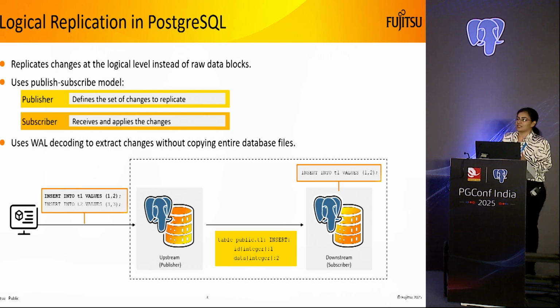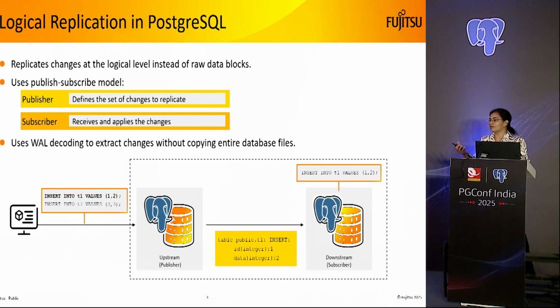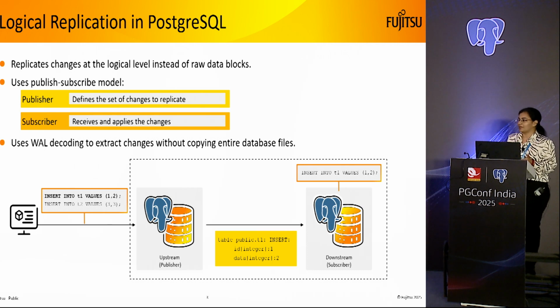Physical replication, which is also known as streaming replication, replicates the changes from upstream node to downstream node in raw data blocks. That means the standby node keeps the exact same copy of data of the upstream node, whereas in logical replication the changes are replicated at logical level and it works on a publish-subscribe model.